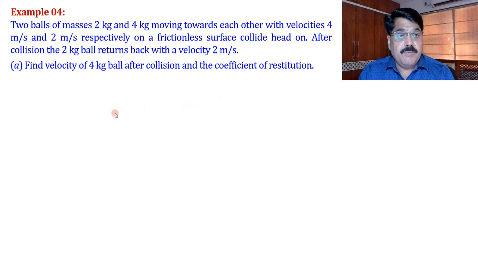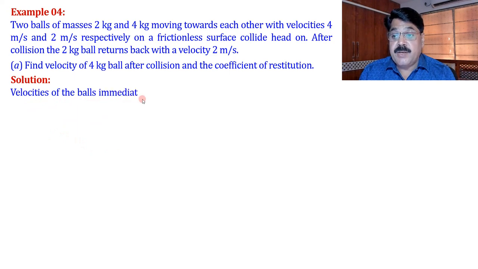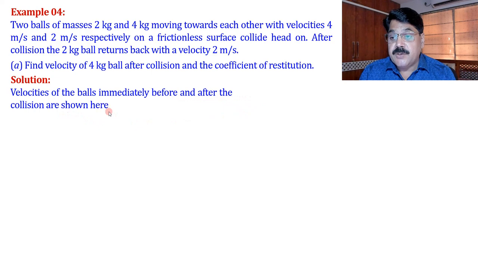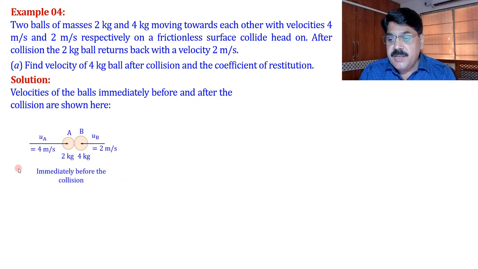So again we show the state of motion immediately before the collision and immediately after the collision. Velocities of the balls immediately after and before the collision are shown here. Immediately before collision, the 2 kg ball, this one A, and the 4 kg ball are moving towards each other, with velocity 4 and velocity 2 in this way.